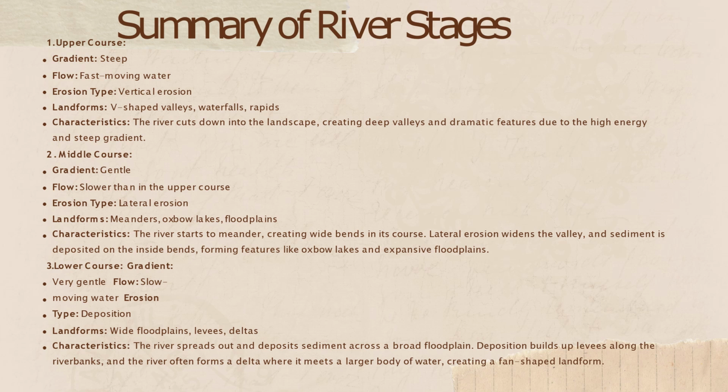Then the middle course features a gentle gradient with slower flowing water, leading to meanders and formation of oxbow lakes, and the floodplains due to the lateral erosion, right? So coming to the lower course, the gradient is very gentle, and the river flows slowly across a wide floodplain. Deposition dominates in this stage, remember, forming levees and deltas.